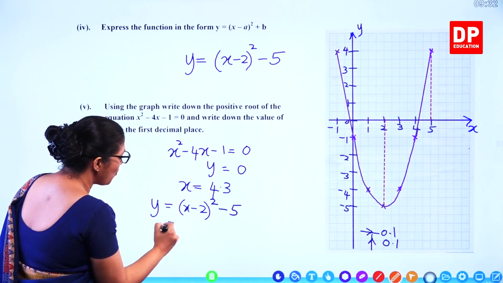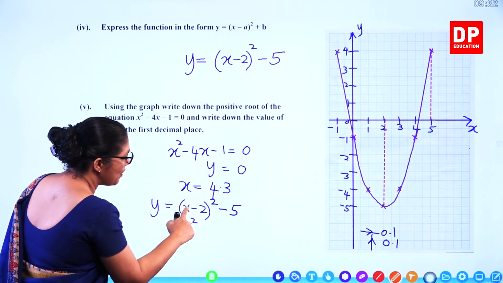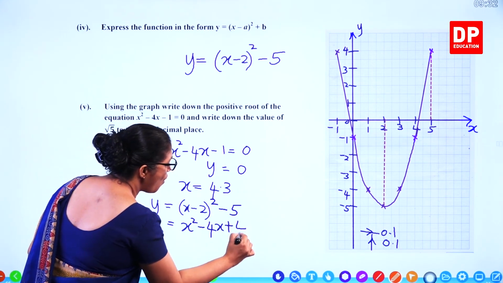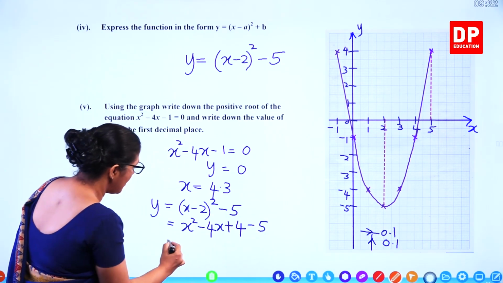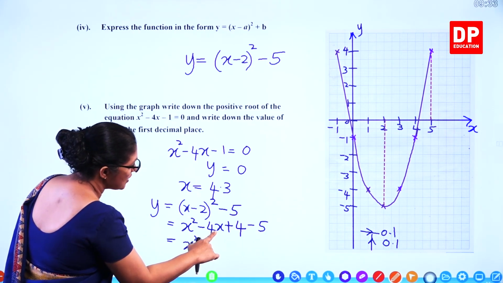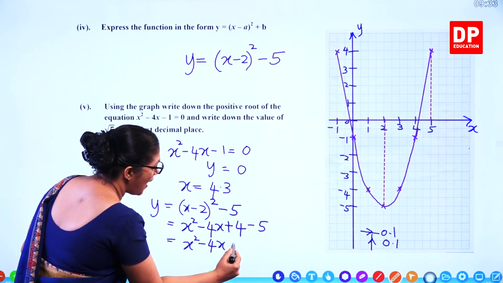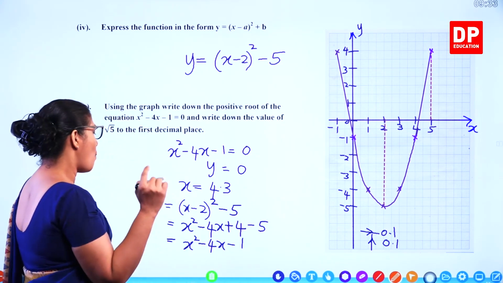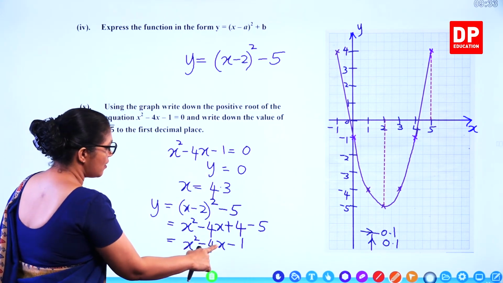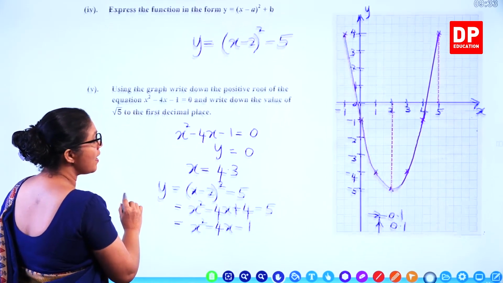When you expand, what do you get? You get x squared, then the middle term minus 4x, plus 4 minus 5. So you get x squared minus 4x and then 4 minus 5 gives minus 1. So you get the same equation, which proves that it is the same equation.